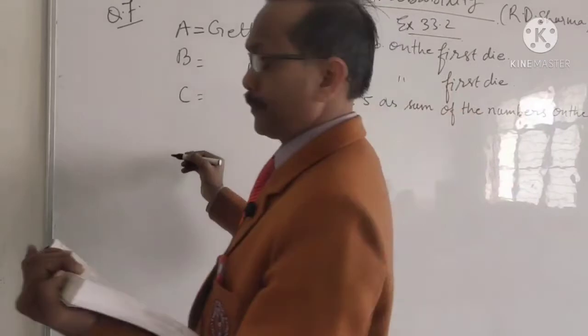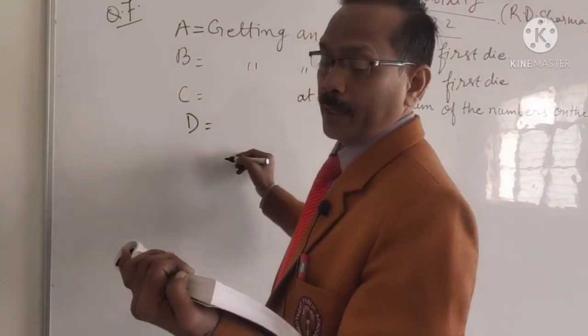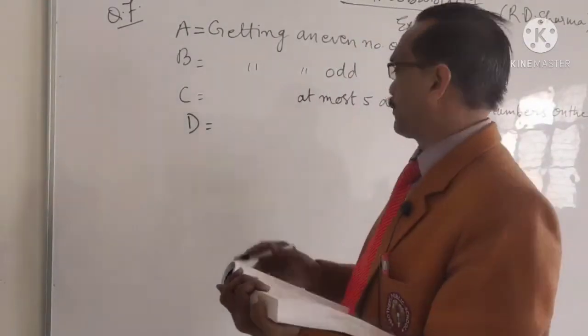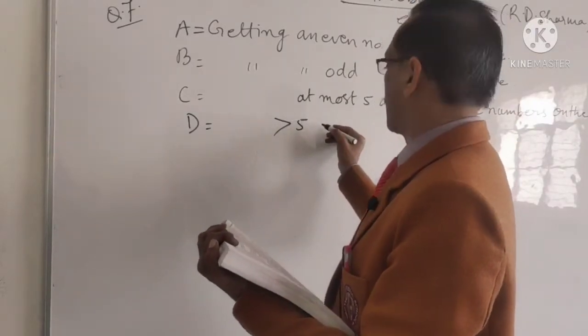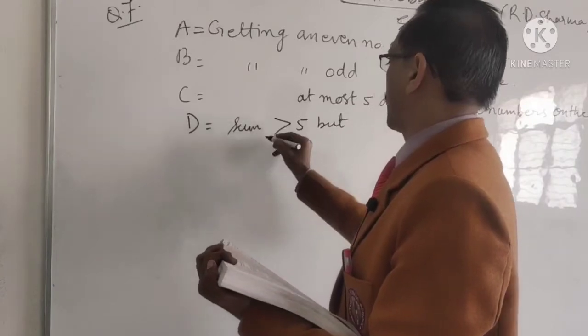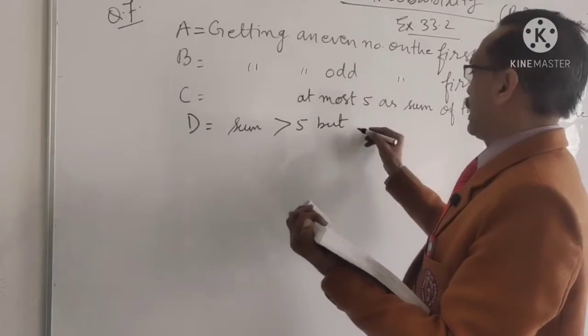Okay. D, getting the sum of the numbers on the dice greater than 5 but less than 10.